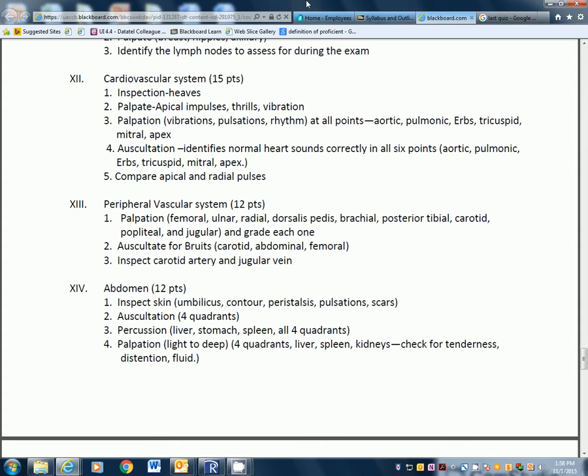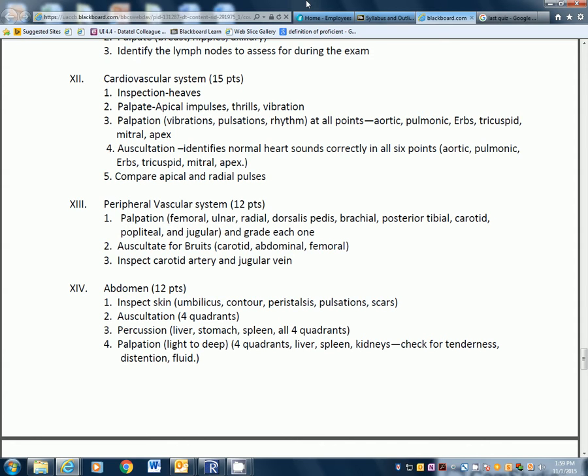Then you're going to compare the apical and the radial pulses, and it talks about that on page 476. You're going to note if there is a pulse deficit or any irregularity whenever you are doing the apical and the radial. The two counts should be identical.